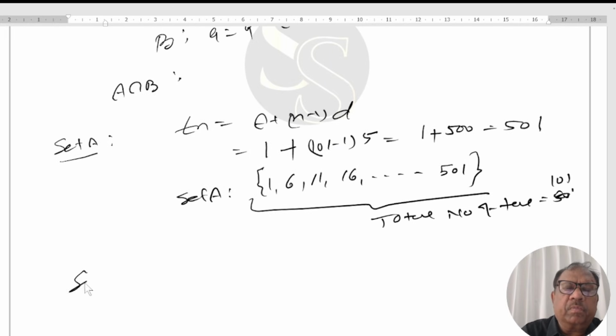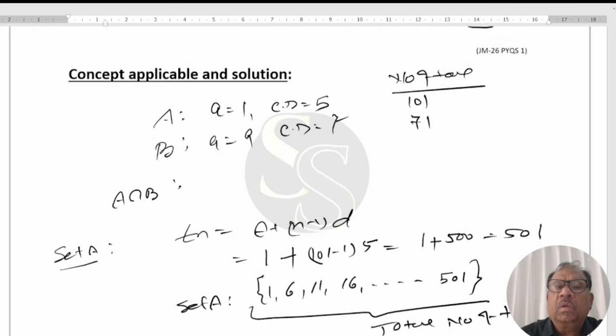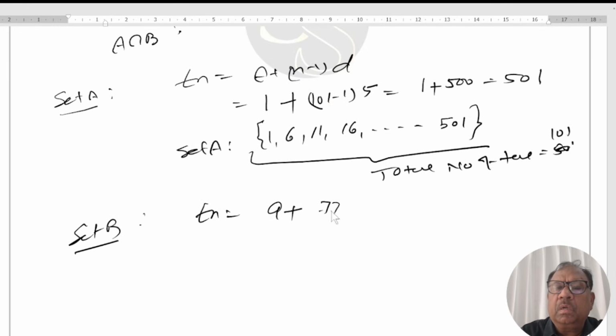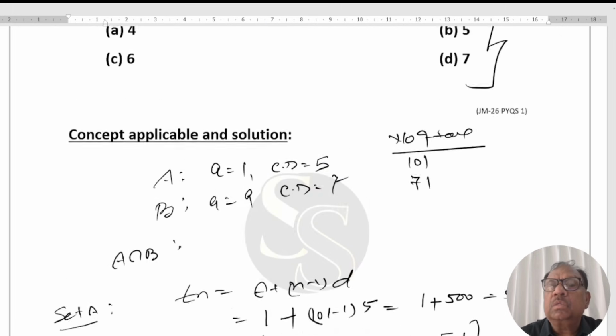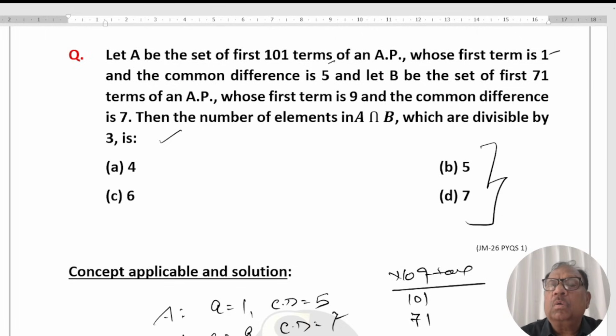Similarly, we can find set B. Here Tn will be the first term, which is 9, plus (71 minus 1) into D, which is 7. 9 plus 70 into 7, which is 9 plus 490.